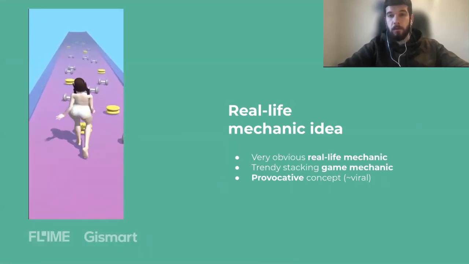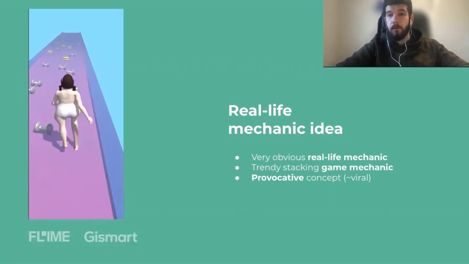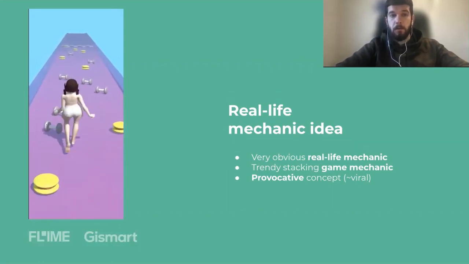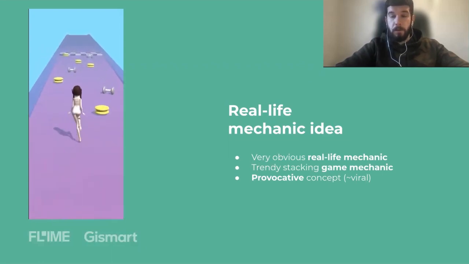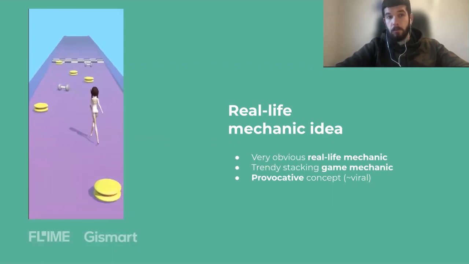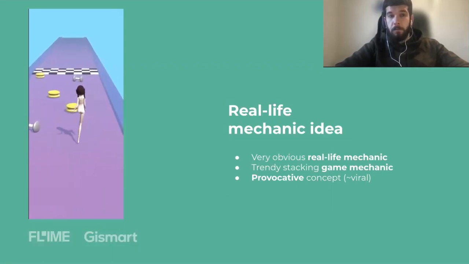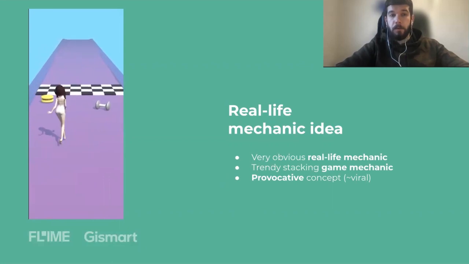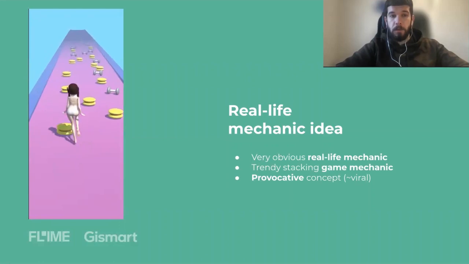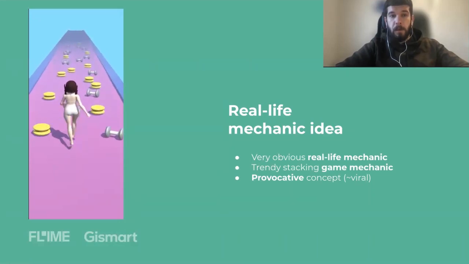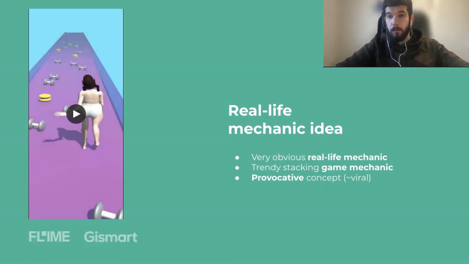When you eat the wrong food or do not train, you get fat, whereas when you eat the right food and train, you lose weight. So we built a really quick prototype. It took literally one evening, and we saw that this mechanic appeared really obvious for us, and it was based on a trendy game mechanic, the mechanic of stacking.